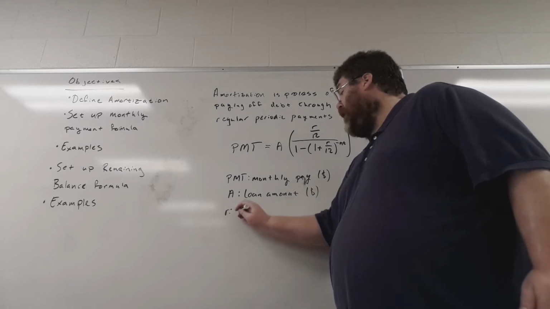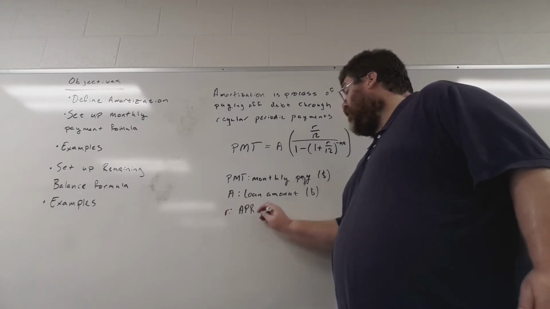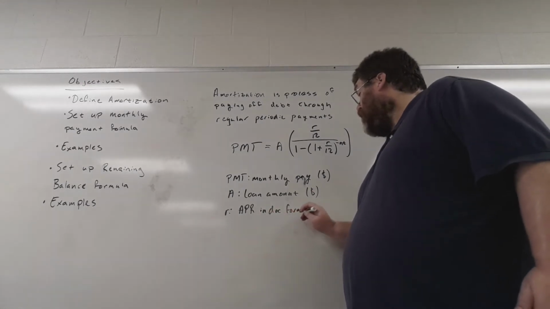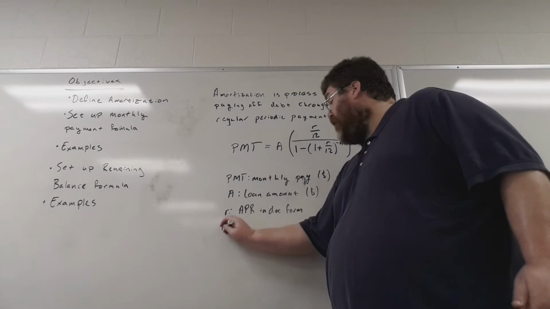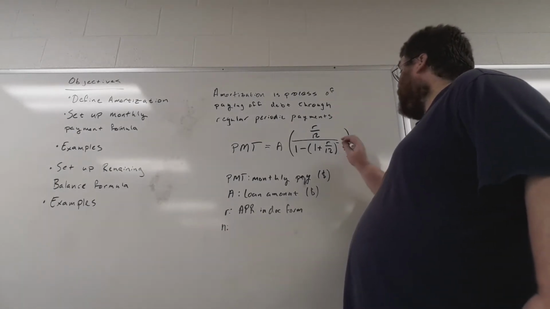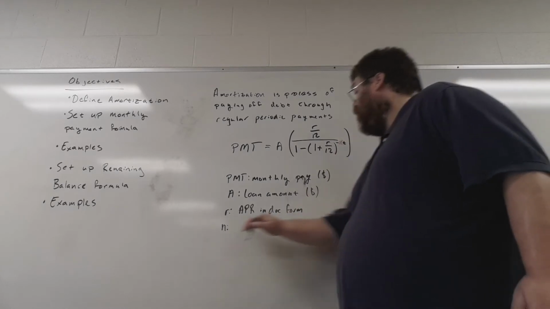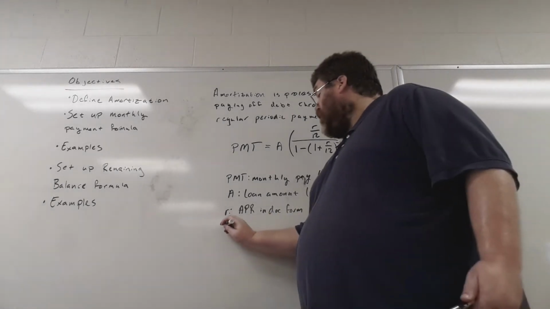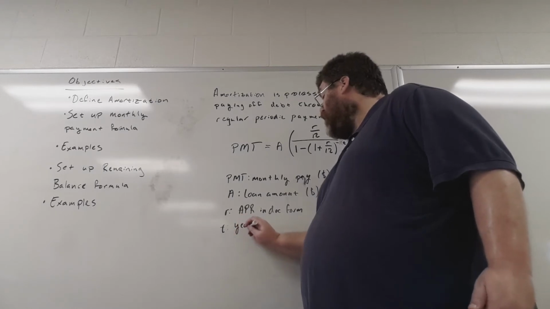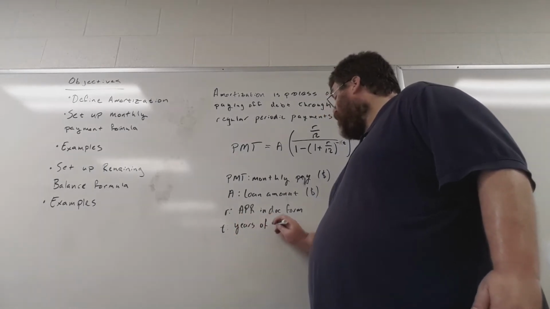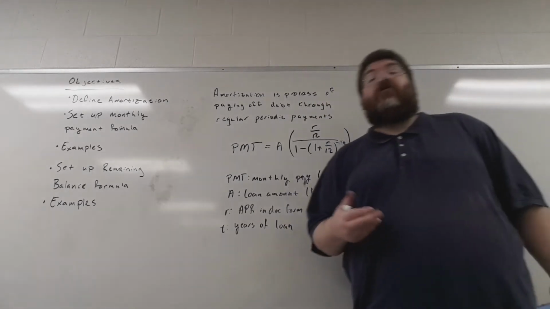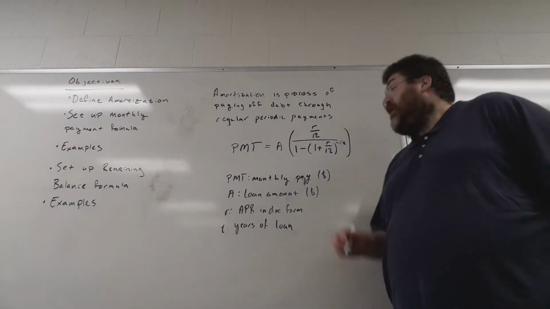R is my APR in decimal form. N, since we're dealing with monthly payments, N here is going to be 12. So T is years of loan. T, remember, standing for time or the term of the loan.